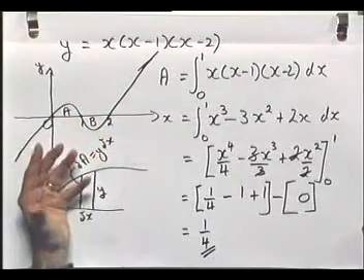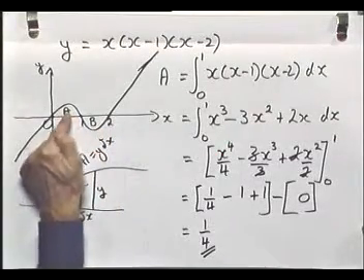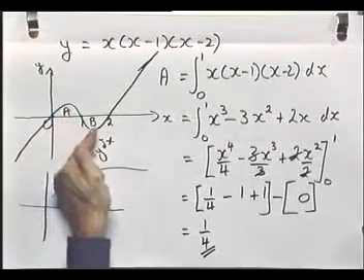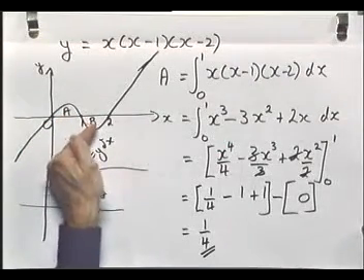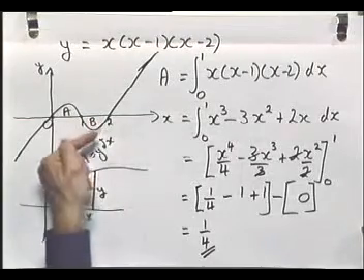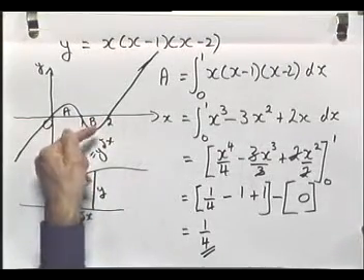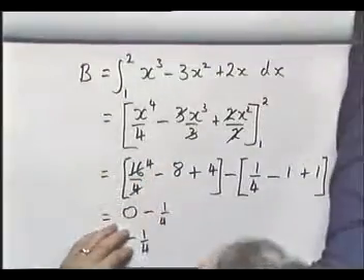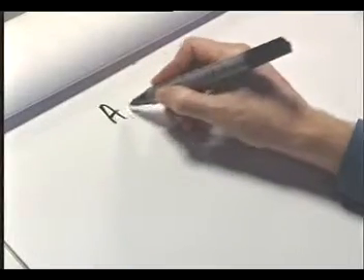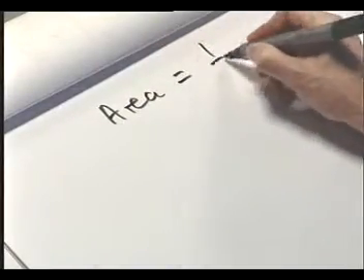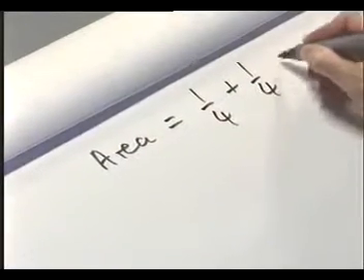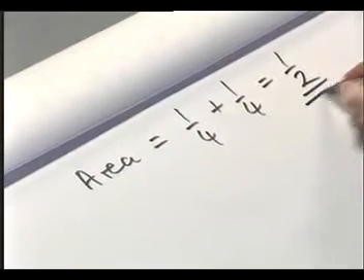And so the total area must be a quarter, that's the area of that, and a quarter, because a quarter is the area of that. The minus sign merely tells us it's below the x-axis. So the answer to our original question, what's the area contained between the curve and the x-axis, is given by the area is a quarter plus a quarter, which is a half.